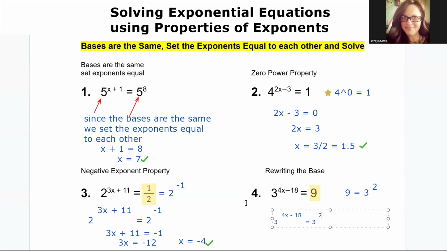Now our bases are the same, 3 and 3. We can set the exponents equal to each other and solve. Add 18, divide by 4. And we get x is equal to 5. Moving on.